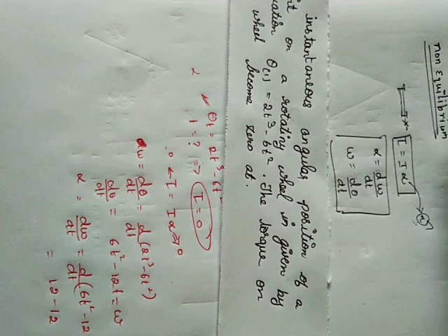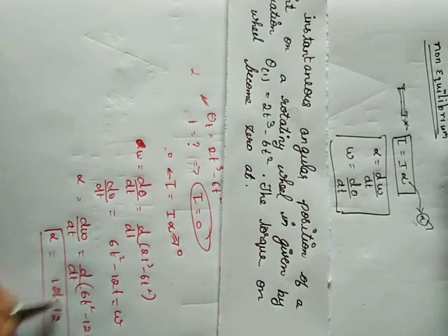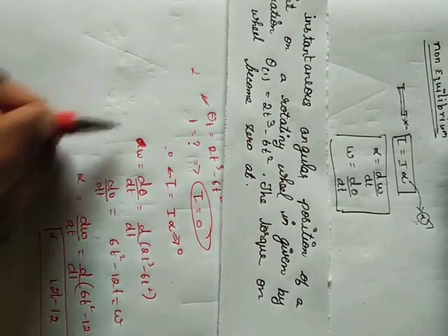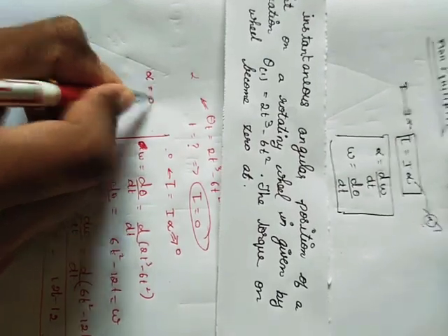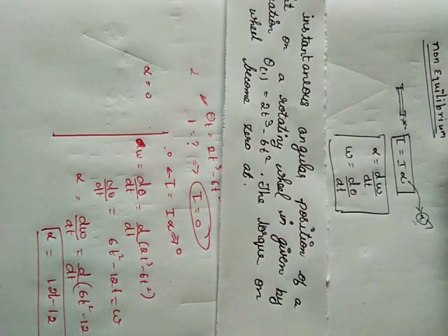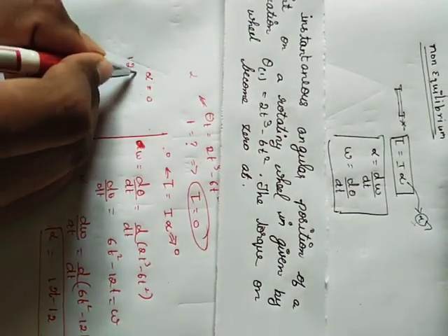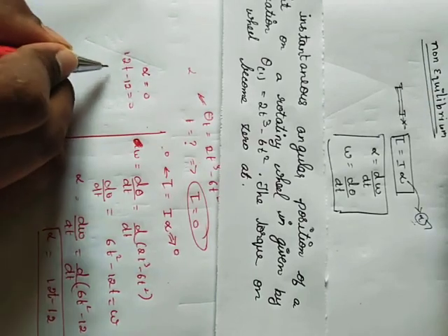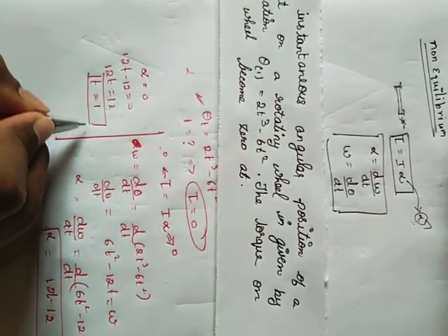So the angular acceleration is finally 12t minus 12. We already know that when torque is 0, the angular acceleration must also be 0. So at that point the angular acceleration is 0. Computing this, 12t minus 12 equals 0, so 12t equals 12 and t equals 1. That's it, I got it.